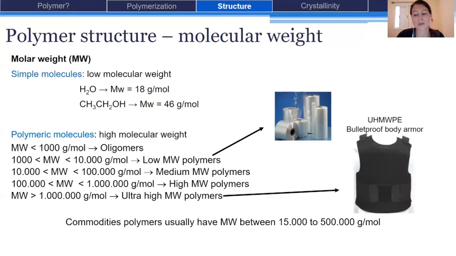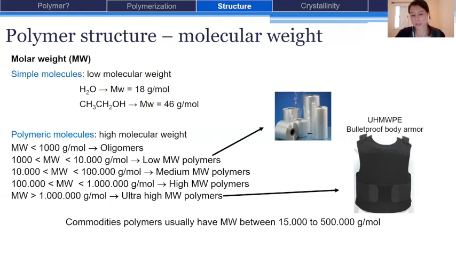For example, bulletproof body armor is also obtained with polyethylene, like it is the case for this polymeric film. But in that case, we will select the polyethylene that has ultra high molecular weight in order to give this mechanical resistance that is needed for this application.